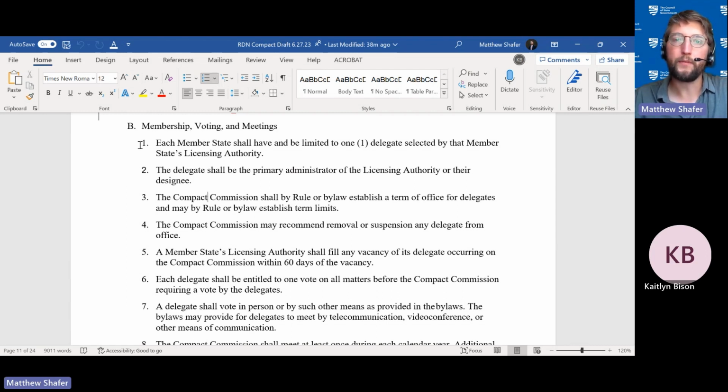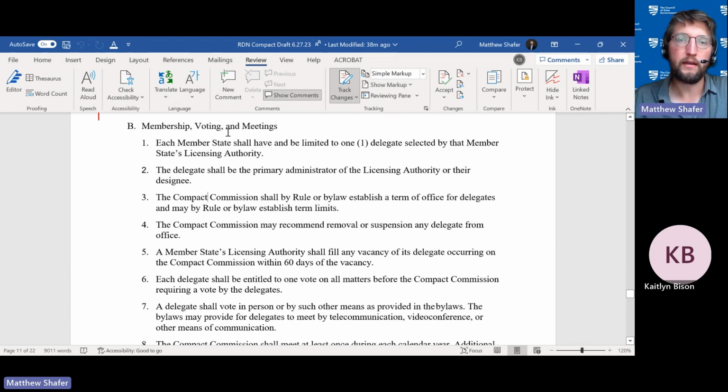And so what we're saying here is that it is typically the administrative officer of the licensing board who is the person who sits on the commission. That's the person who is eligible to represent their state on the commission.